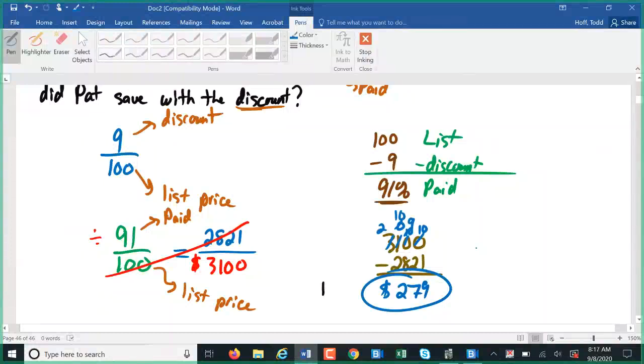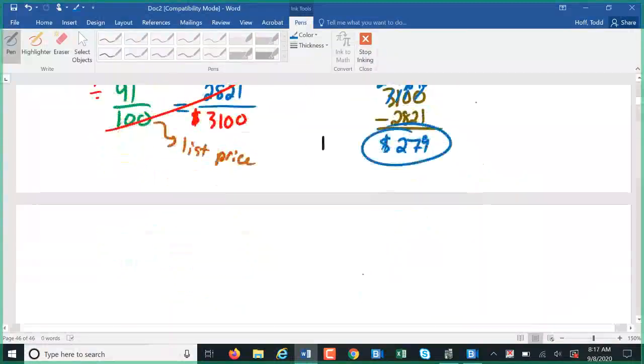Now, this problem demonstrates two things. One is the importance of making sure your numbers represent what you think they represent.